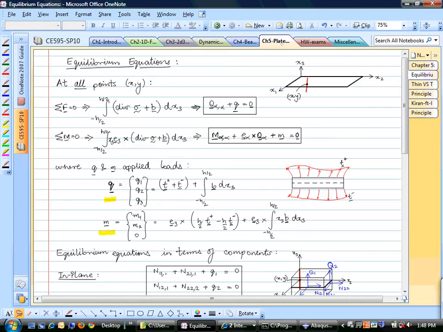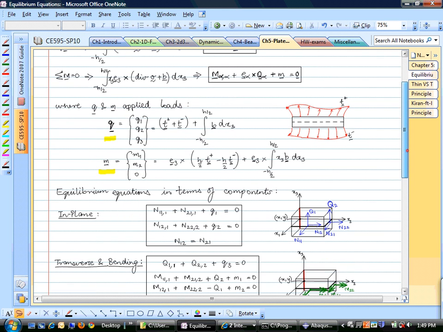So even for plates, we have two very similar equations. And here, alpha is an index which is denoting the resultant, like alpha could be 1 or 2. So we have to follow the index notation here, meaning you have to sum it over alpha is equal to 1 and alpha is equal to 2.